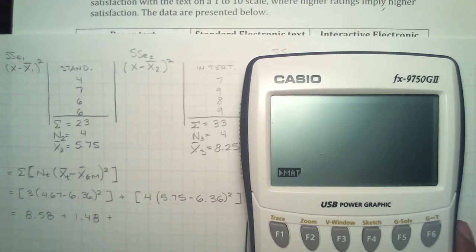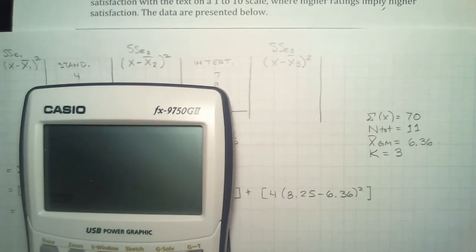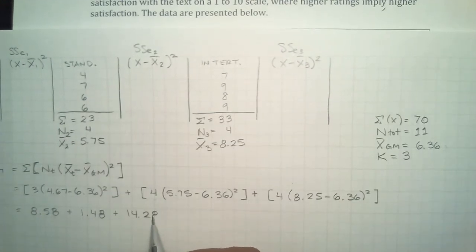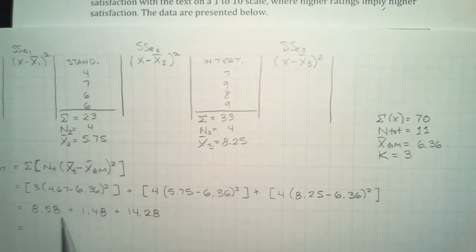And now off to the last group. 8.25 minus 6.36 is 1.89. I square that, 3.57. So 4 times 3.57 is 14.28. So I add these up: 8.58 plus 1.48 plus 14.28.